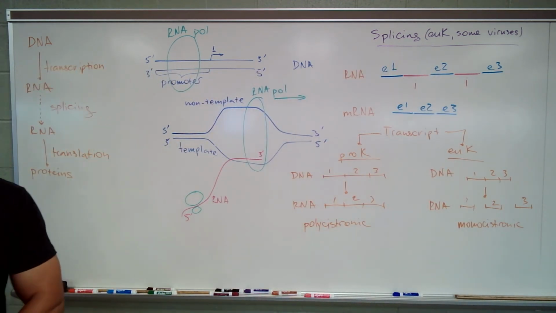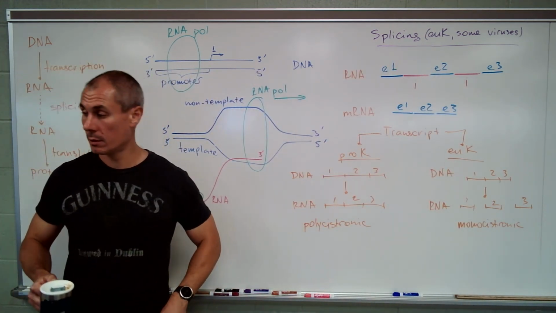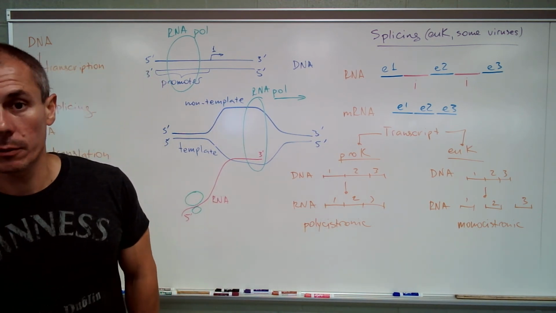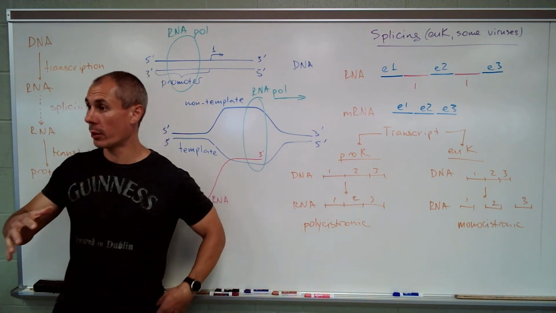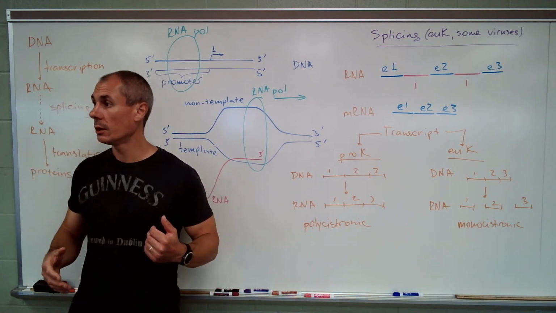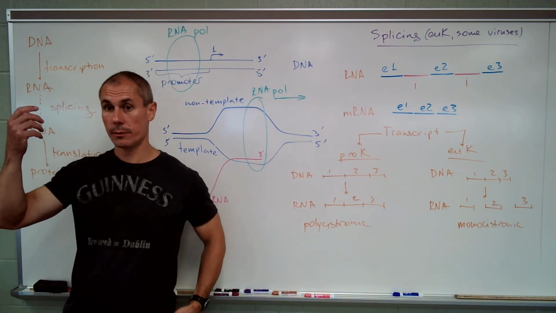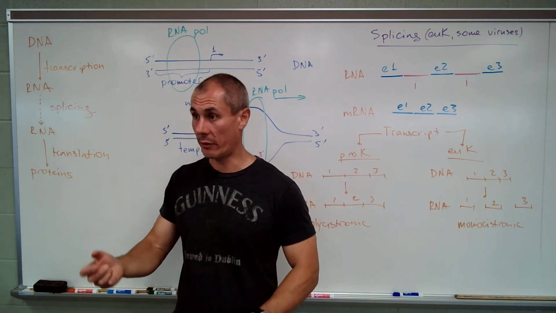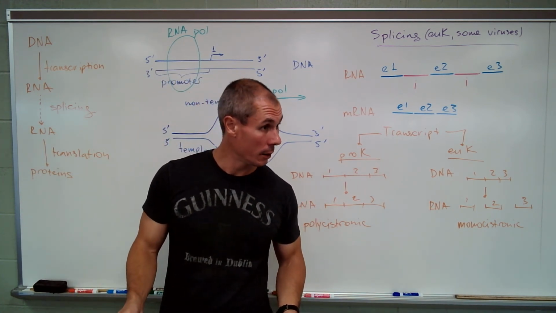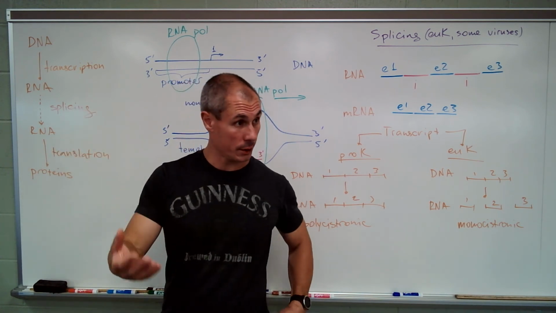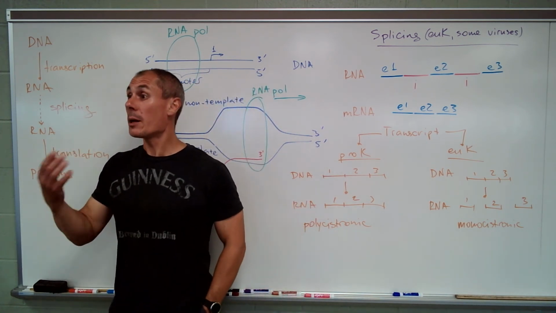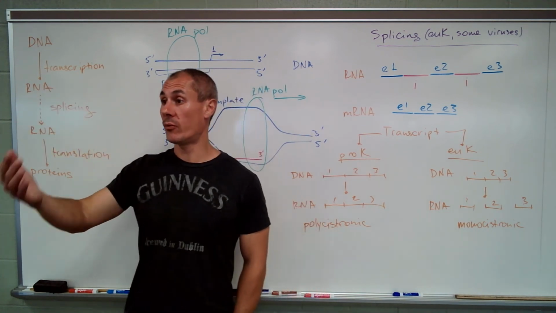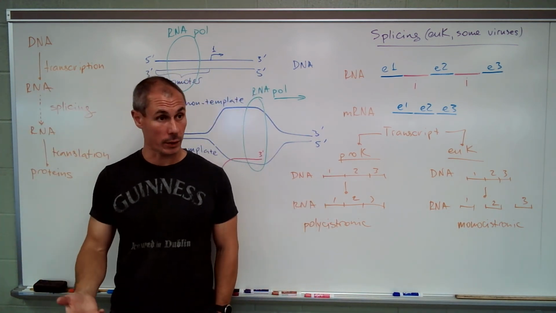So to summarize the differences between eukaryotes and prokaryotes here. In eukaryotes you have a spatial problem, right? You have that nuclear membrane that your RNA has to cross. And you have a time problem. You've got to go through RNA modification before that RNA can be used for protein synthesis.